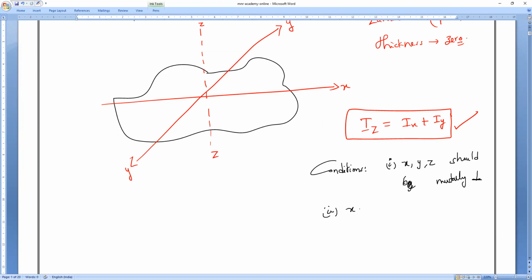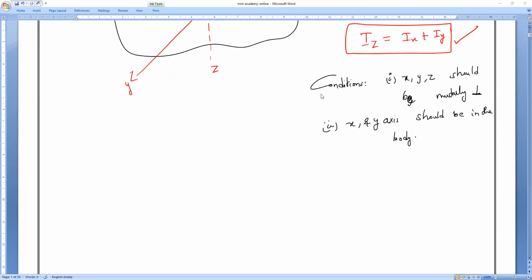Next, the x and y axes should be in the plane of the body. Now you understand the video I have sent, everybody? The x and y must be in the plane of the body and z must be perpendicular. Are you clear what I'm saying? Next, z must be perpendicular to the plane of the body. That is the third one.